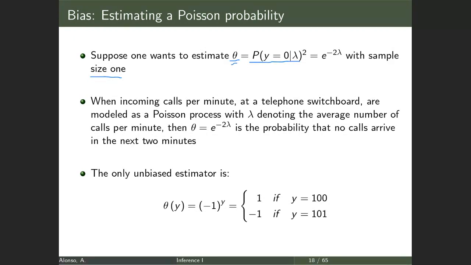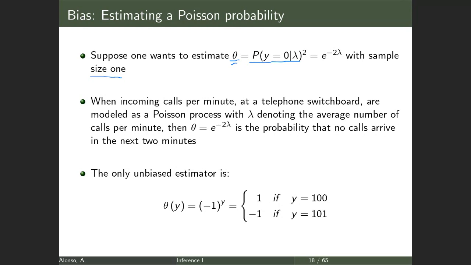And you may say, well, what a strange thing to estimate. Why should I want to do that? Well, it's not that strange. Suppose that you are dealing with incoming calls per minute at the telephone switchboard. This telephone switchboard may sound like a very old thing, but suppose that you are just modeling the number of times a web page gets hit, people wanting to open it, in 1 minute. Whatever, we're going to use the telephone switchboard.